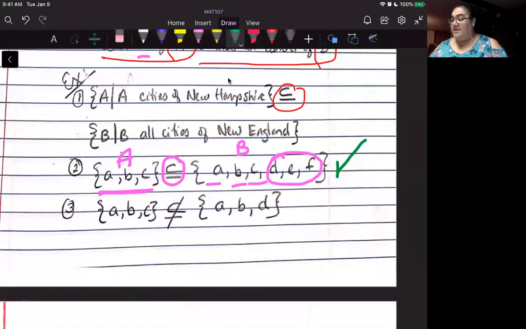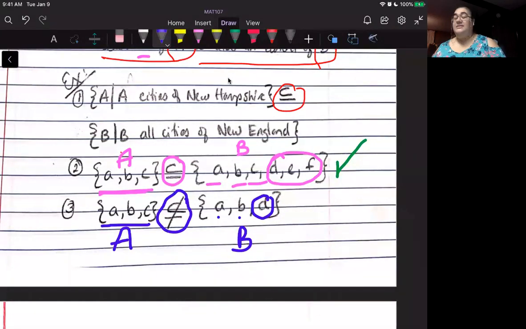Here, in this case, we have set A, which includes a, b, and c. And here we're saying it is not a subset. That's what it means to put the line through the notation. This is not a subset of set B because B has a and b, but it does not have c.